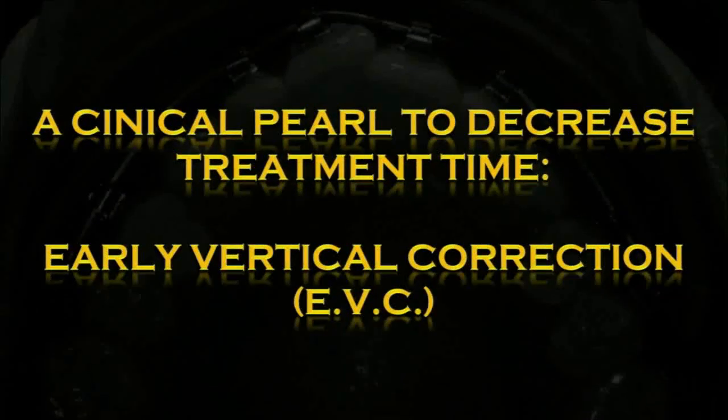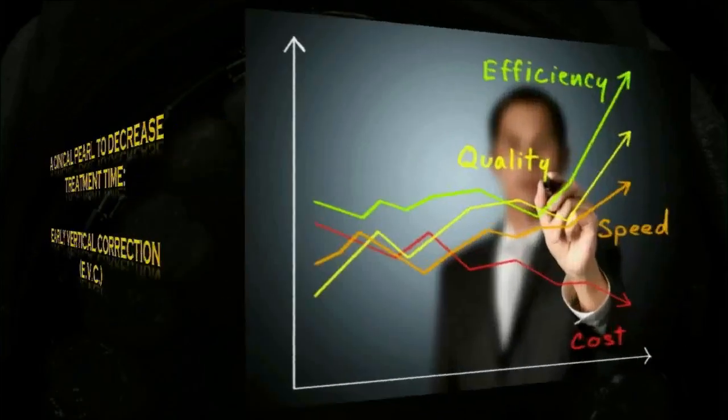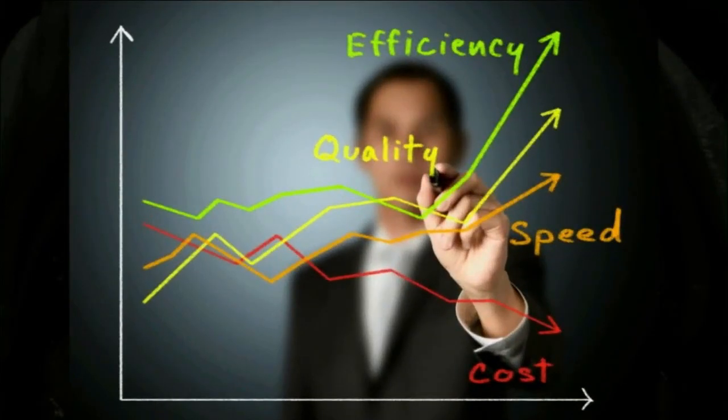So this lecture is about a way to try to increase efficiency in vertical correction. That's what I would like to talk to you about today. The search for efficiency hasn't stopped. We as orthodontists and as clinicians would like to make our treatment faster, maybe spend less money, trying to make it more efficient for us and for our patients.